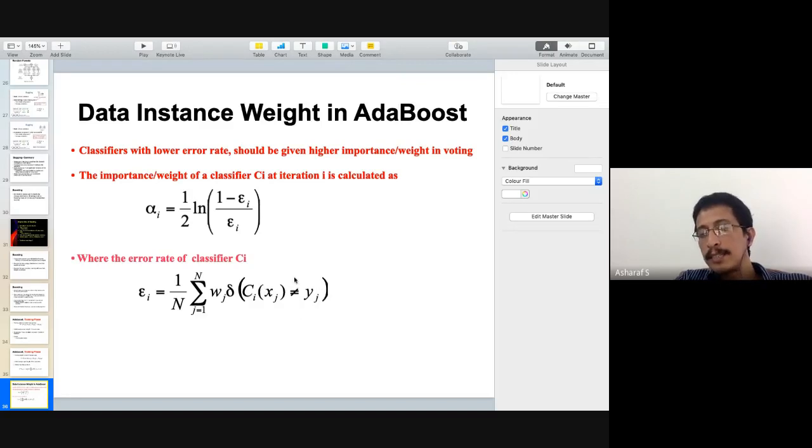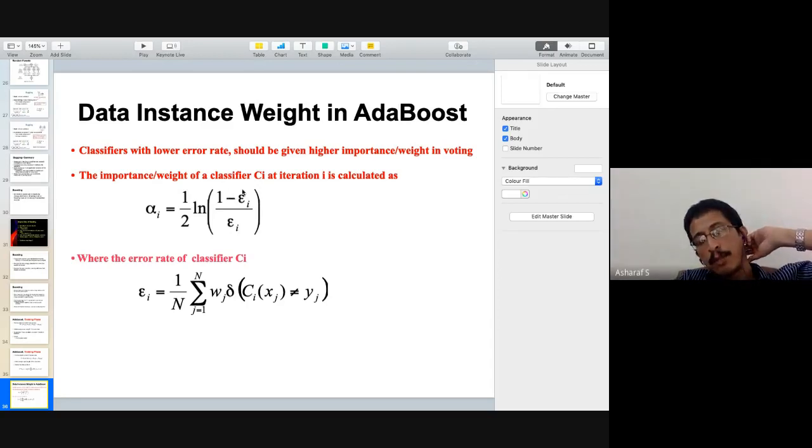If yj does not match the classifier's decision, where Ci of xj is the classifier's decision and yj is the true label, only when the label doesn't match, the weight of that particular point gets added up. So this is the expression for error rate. The weights of all the points which are misclassified get added up to form epsilon i, and then half of the logarithm of 1 minus epsilon i by epsilon i. What is this? Have you seen this?